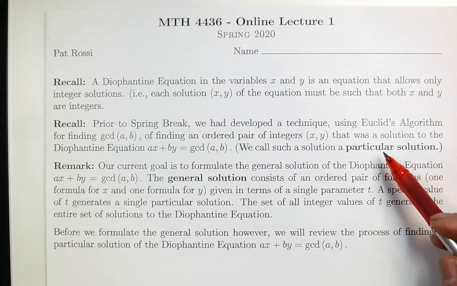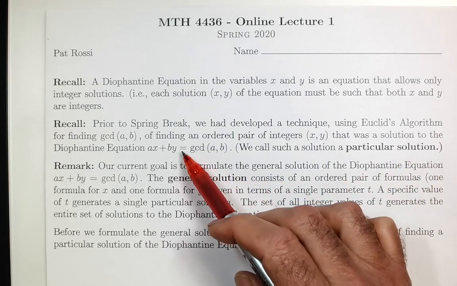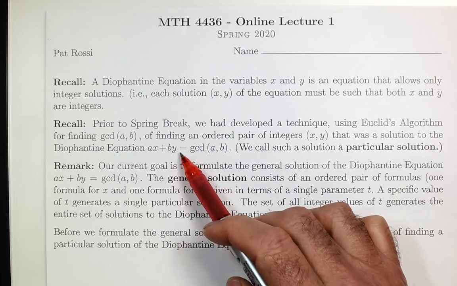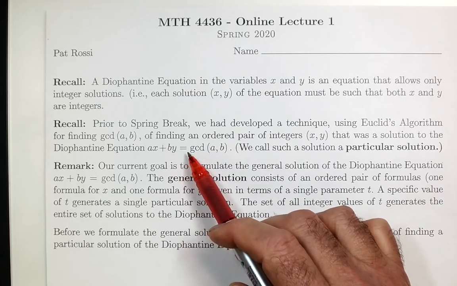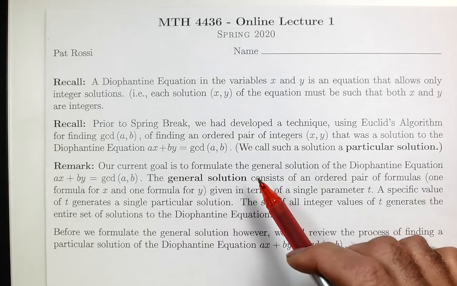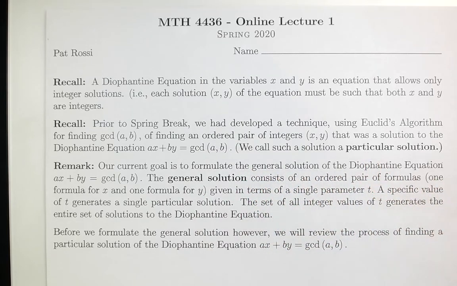And we call this solution a particular solution. There are actually infinitely many integer pairs x, y that are solutions to this equation. So one solution will just be a particular solution.